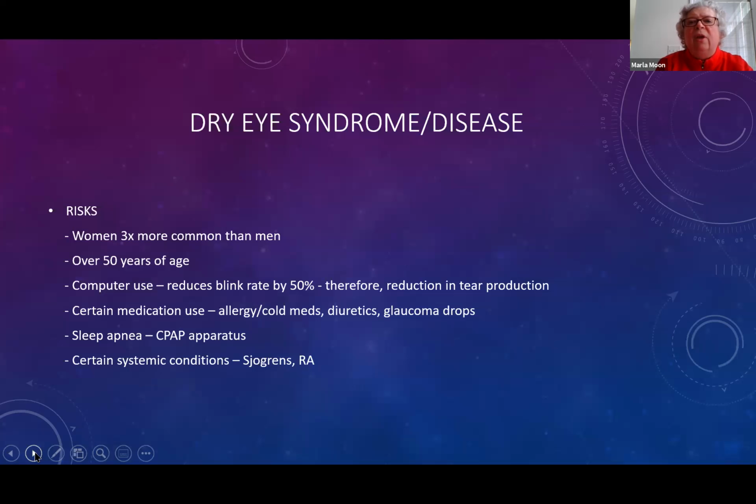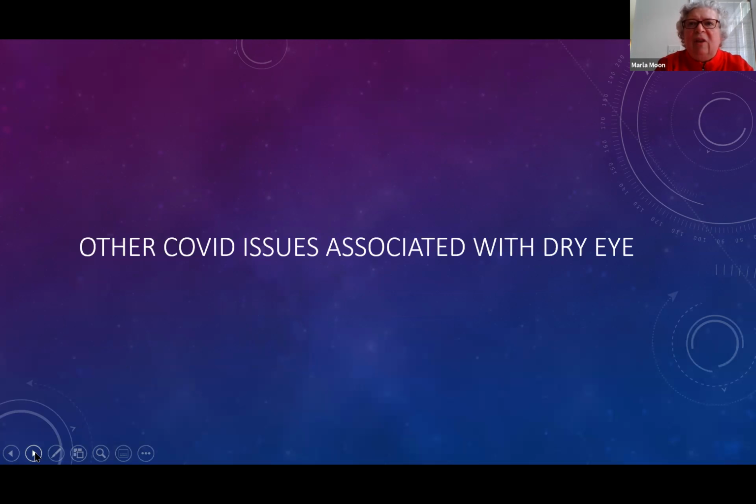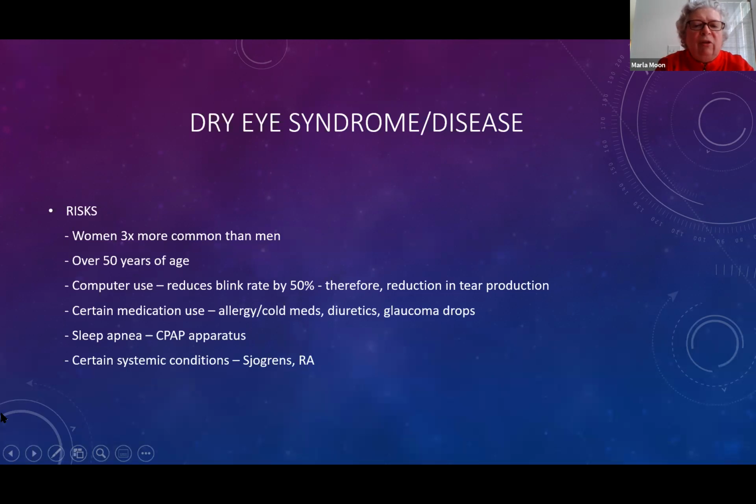The preservatives tend to really dry out the tear beds. Sleep apnea, individuals that are on CPAP machines, because of the masking, the air circulates around and it tends to evaporate the tears from the surface of the eye. And then certain systemic conditions like rheumatoid arthritis or Sjogren's also. So that was all there before COVID.